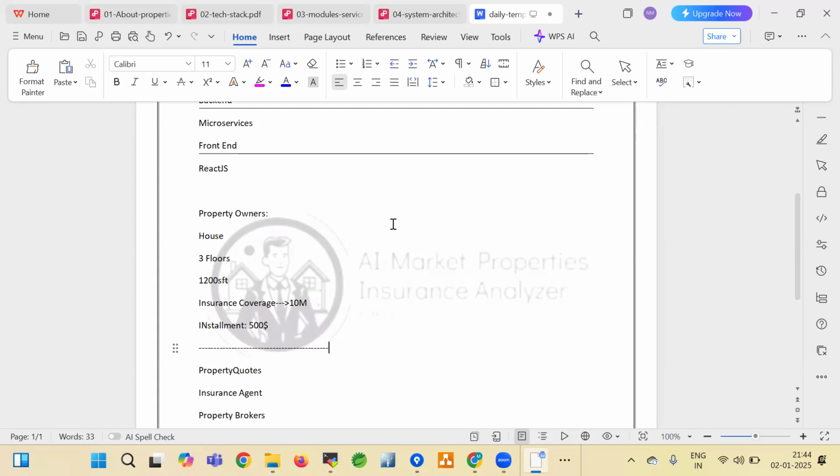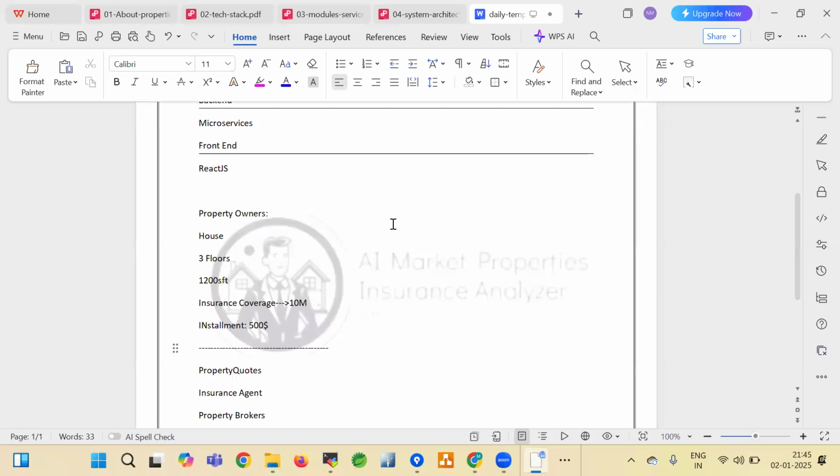So the property owner has a property of type house, with 3 floors, each floor having 200 SFT, and he wants insurance coverage of 10 million, and he would like to pay the premium every month.